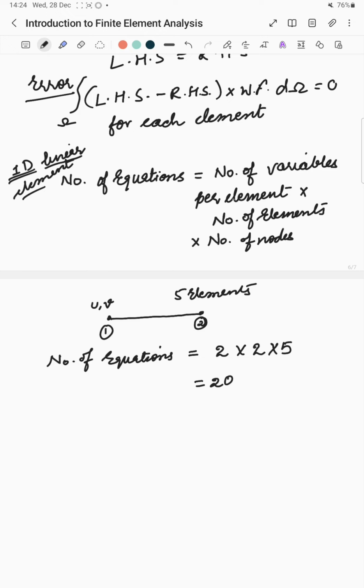Okay, I'm sorry, this should be node. Number of variables per node.